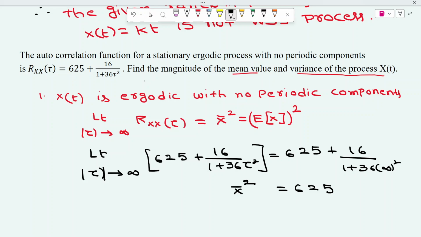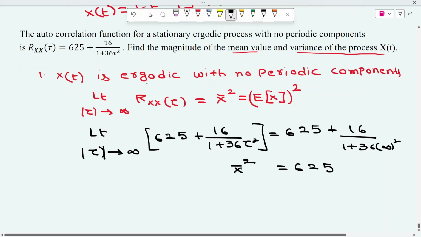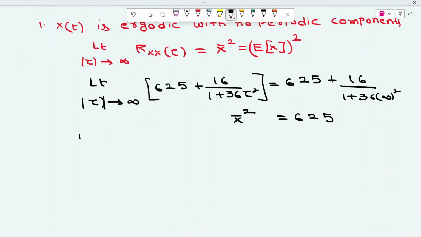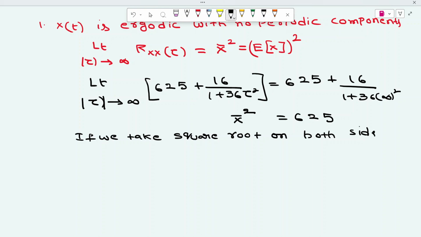Now if we take square root on both sides, the square root of x bar square is equal to the square root of 625.